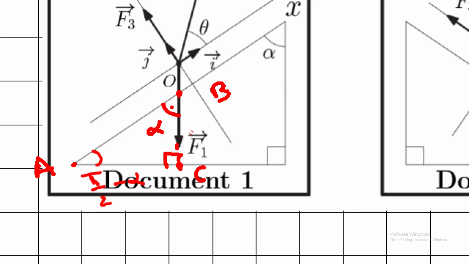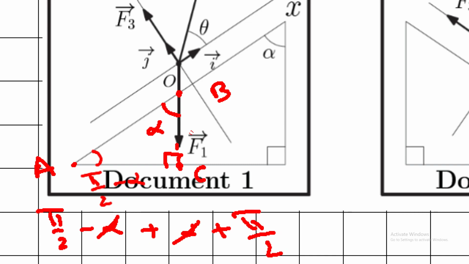Why? Because the sum of these angles must be 180 degrees, which is pi. So if you check, pi by 2 minus alpha plus pi by 2 plus alpha cancels out to give us pi, which is 180 degrees.